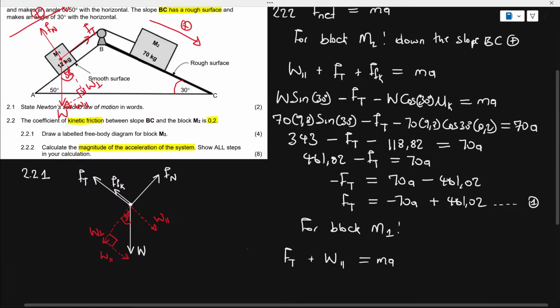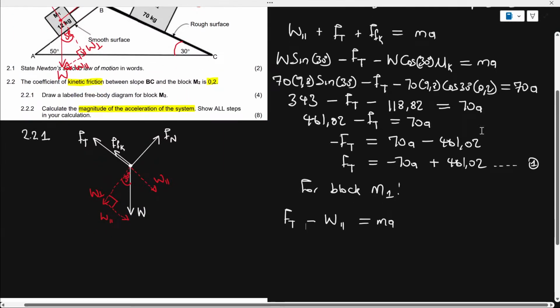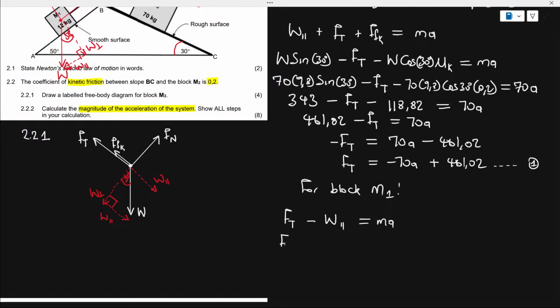So if that's the case, it means that Ft is going to be positive, but the parallel component of the weight is actually going to be negative. Okay? And so we still do not know Ft, but now we can calculate the parallel component of the weight.